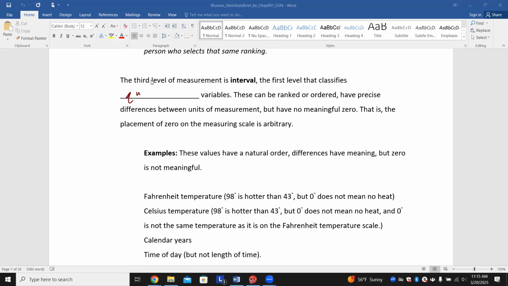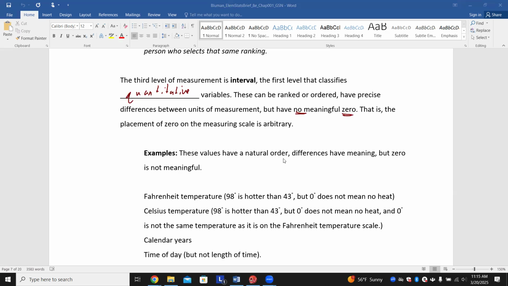So nominal and ordinal are qualitative, and then interval is quantitative because it has an actual value. These can be ranked or ordered and have precise differences between units of measurement, but there is no meaningful zero.